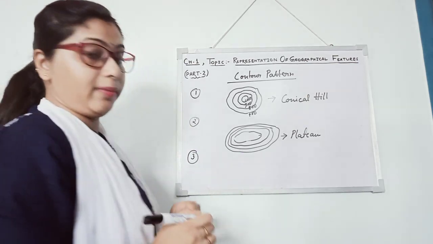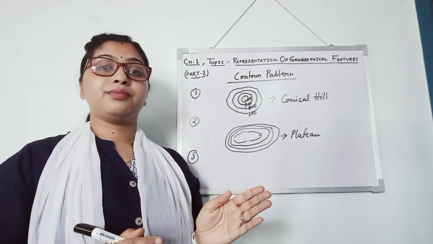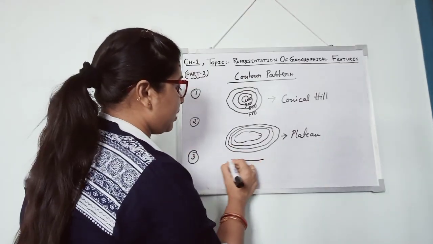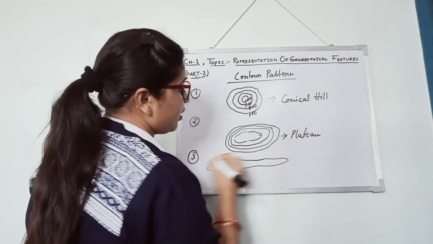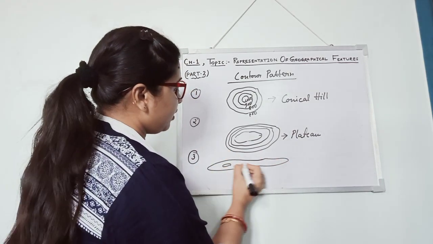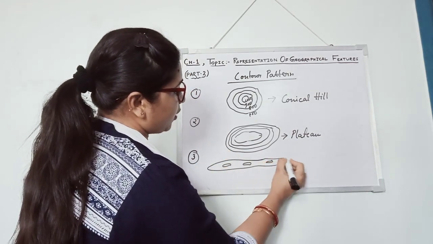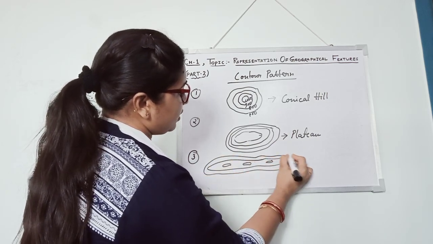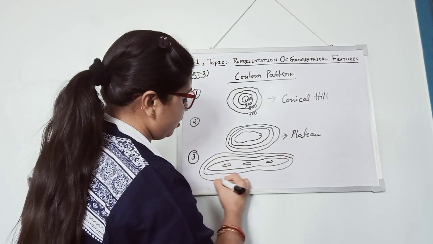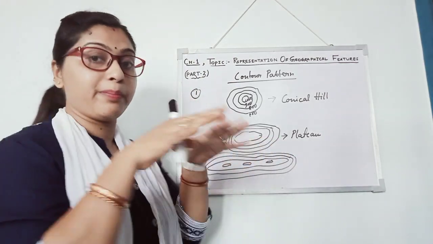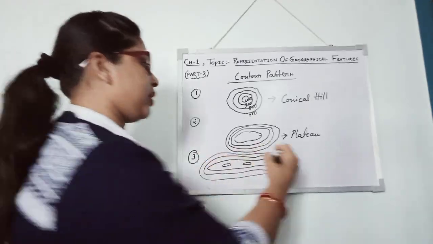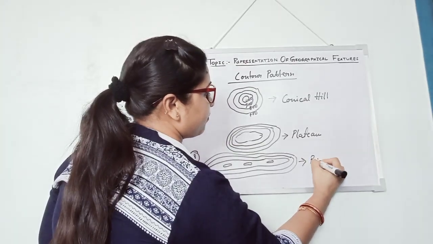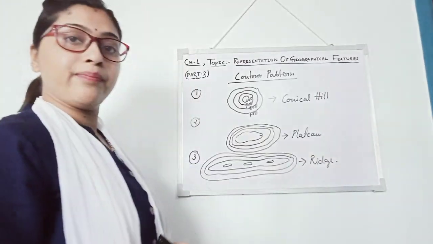Then number 3, when the contours are narrow and there are different small contours also, which form the ridge, and they have a common base. This is forming the ridge. Okay.